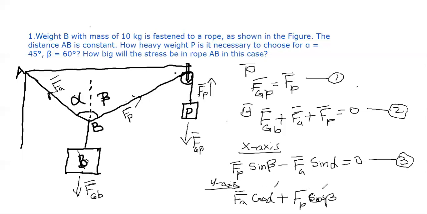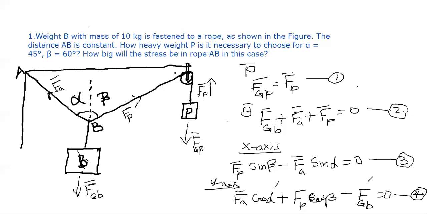This will be 0 because the system is stable, the system is not moving. Let us call this equation number 4.